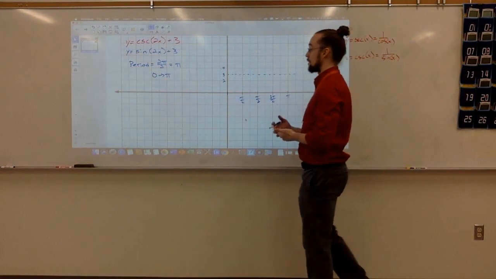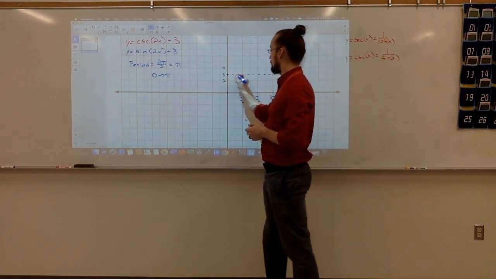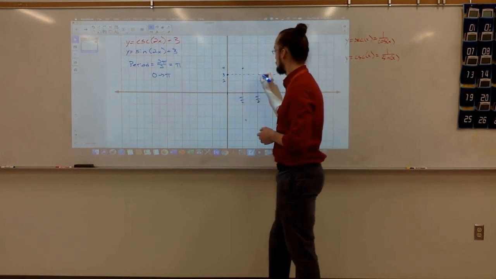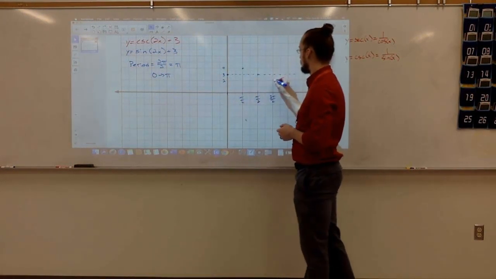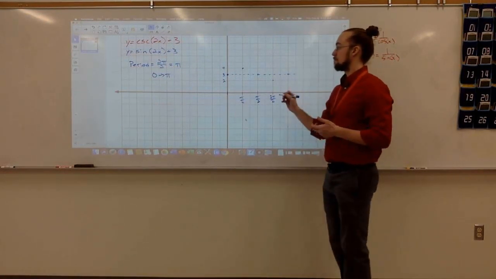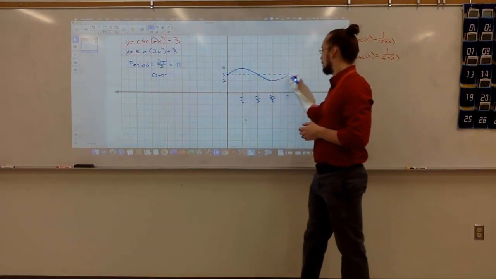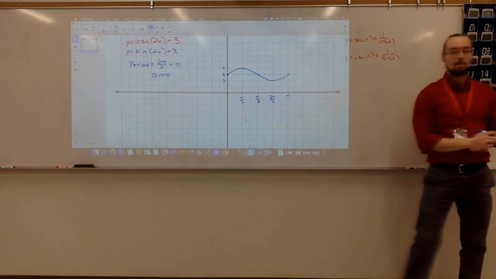And then we're just going to sketch the general shape of our sine curve. I start at the midline, go up to the max, back down to the midline, down to the min, back up to the midline. So this is what my sine curve looks like.